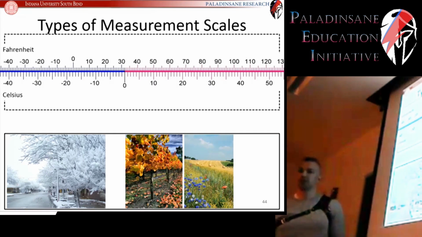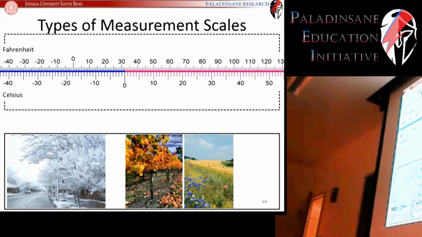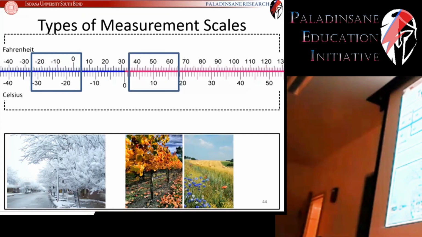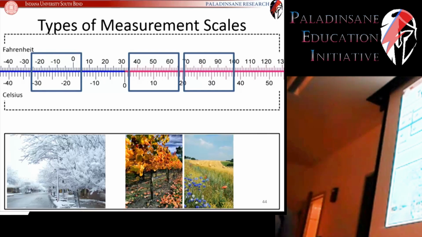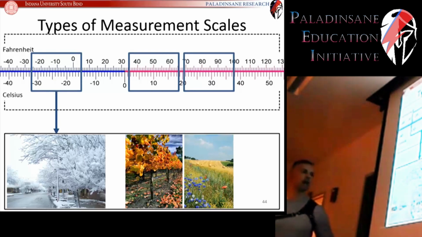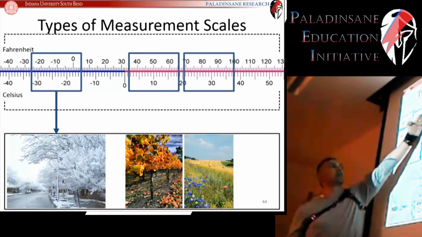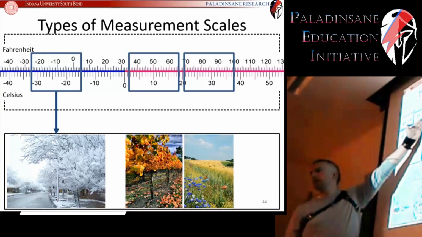You can measure temperature, and there are two widely used interval scales that measure it. Here we have Fahrenheit, and here we have Celsius, and you can measure that winter day, that autumn day, and that spring day. Notice that the winter day, which is about minus 10 degrees Fahrenheit, is here in the true score, and it's here on the measurement scale.